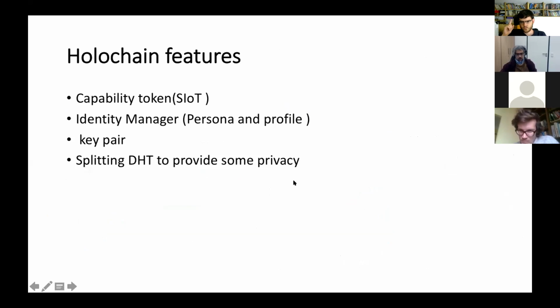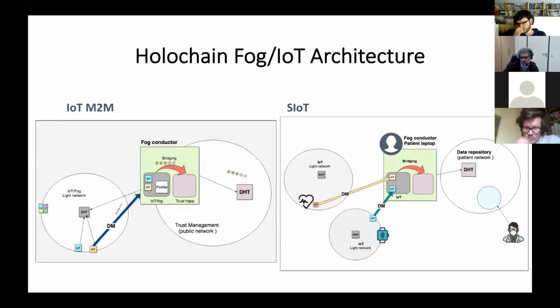Before, okay, go ahead, no, go. Yeah. This is the feature that I talked about, the capability token. Also the persona. We discussed this previously with Lily, but I don't know in which scenario we need the persona and which one we don't.